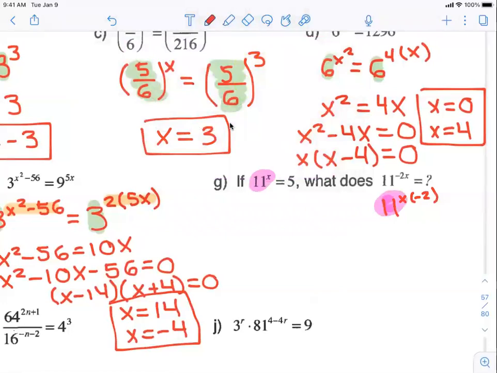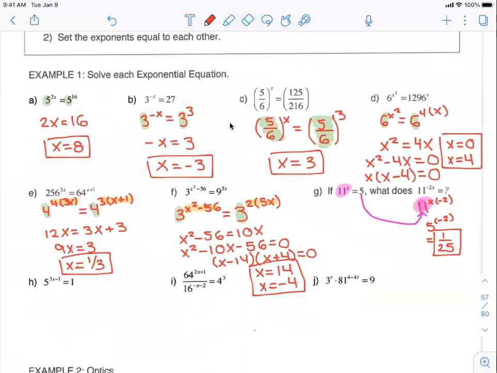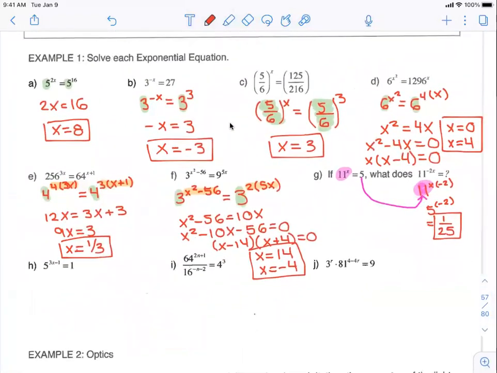So since 11^x equals 5, you can replace the 11^x over here with a 5 and say 5 to the -2nd, and that's going to equal 1/25. So that one's kind of manipulating the fact that we know what 11^x is. So in that sense, we know what 11 to the -2x is because we can line up the 11^x's to each other.